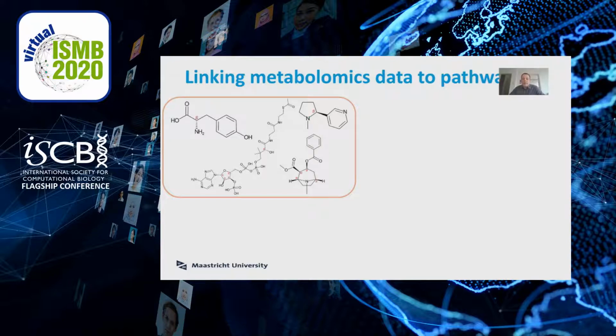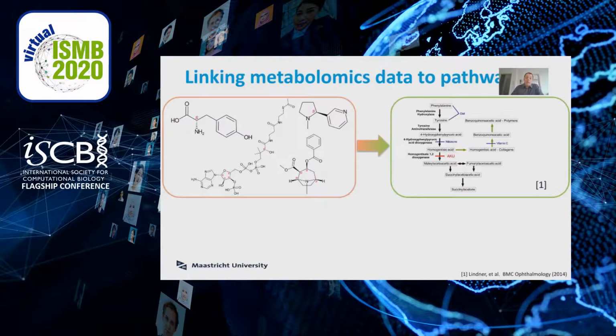Here, not lipids. Here, more regular, more traditional metabolites with R and S stereochemistry indicated. And when we map this to the pathways, we may not actually have an overlap between the two. We may not measure all metabolites in the pathway, and the pathway may have metabolites that are not even in the sample at all.